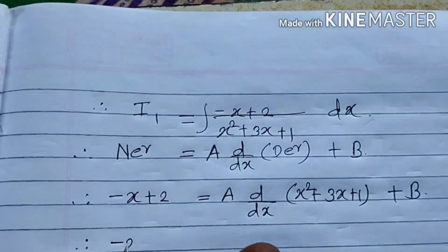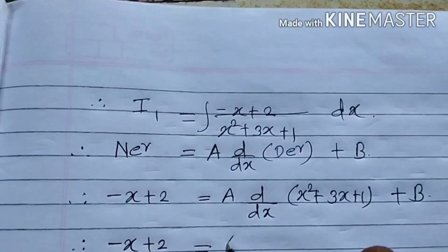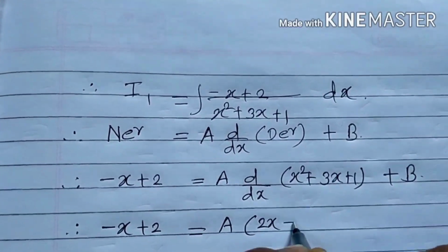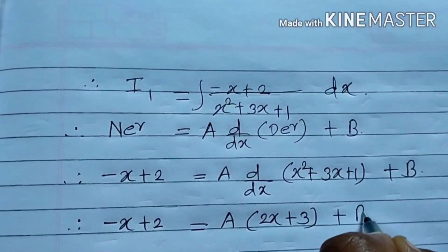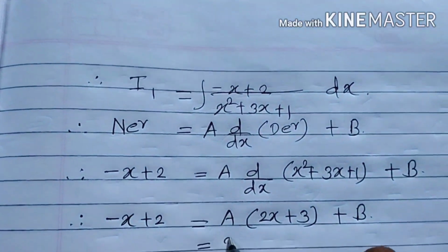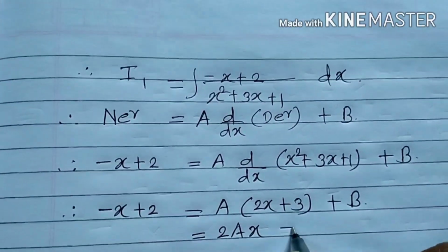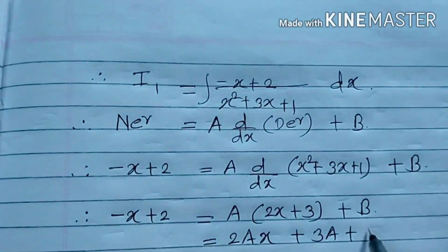Therefore, minus x plus 2 is equal to a into 2x plus 3 plus b, which is 2ax plus 3a plus b.